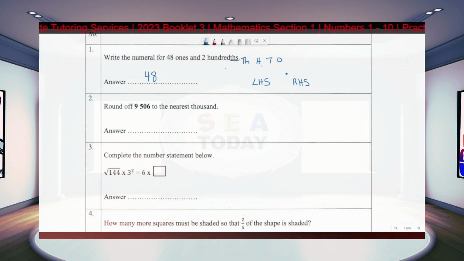But we have already dealt with those numbers. We already have 48 ones. What we have to deal with is 2 hundredths. So immediately after the decimal point on the right hand side, we have tenths ending in THS. We have hundredths, which is what we are dealing with for this question, and it also ends in THS. So it's similar to the left hand side, but it doesn't start with ones, it starts with tenths, and the name ends in THS.